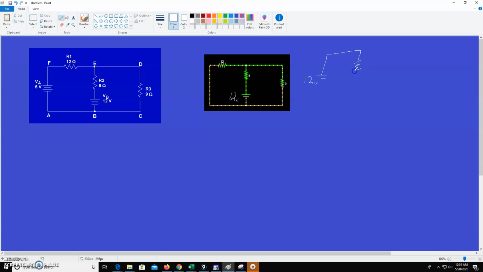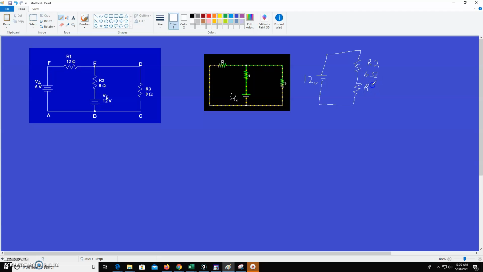There's our 6 ohm, and there's our 9 ohm, and back to negative. So that is 6 ohms, R2. That is 6 ohms. And R3 is our 9 ohm.